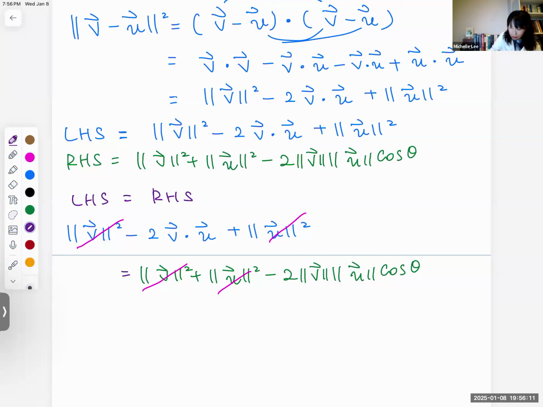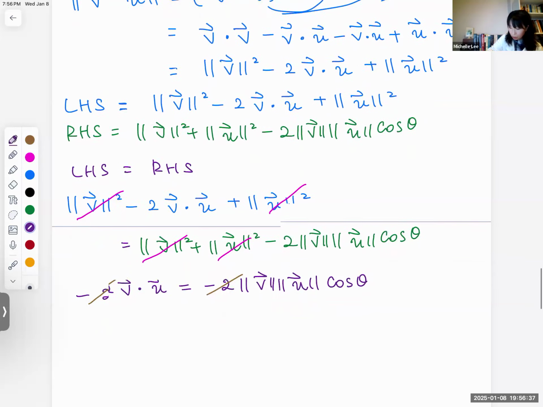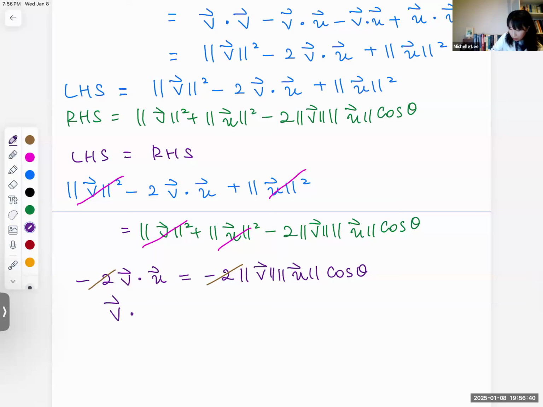We say -2 v dot with u equal to -2 magnitude of v magnitude of u cosine theta, right? Okay, we can also simplify -2, right? We divide by that. So then what remains is v dot u, which is magnitude of v and magnitude of u cosine theta.